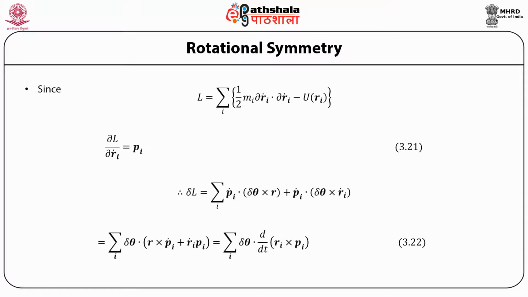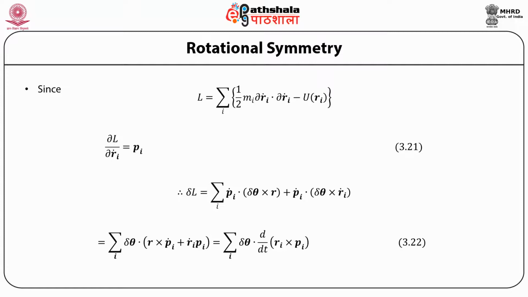Now ∂L/∂ṙᵢ is equal to pᵢ, that is the momentum conjugate to the position vector rᵢ. Therefore, the change in the Lagrangian under rotation is equal to sigma over i, ṗᵢ · (δθ × rᵢ) plus pᵢ · (δθ × ṙᵢ), which can be written as sigma over i, δθ · (rᵢ × ṗᵢ + ṙᵢ × pᵢ), where we have used the property of the triple scalar product.